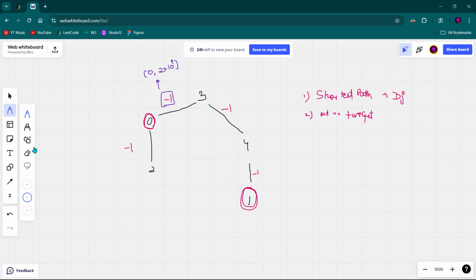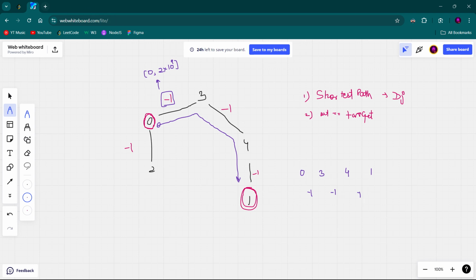So how can we form this? There is only one path which I'm seeing: if we go like this and reach there, my path is 0, 3, 4, 1, and the weights are -1, -1, and -1.